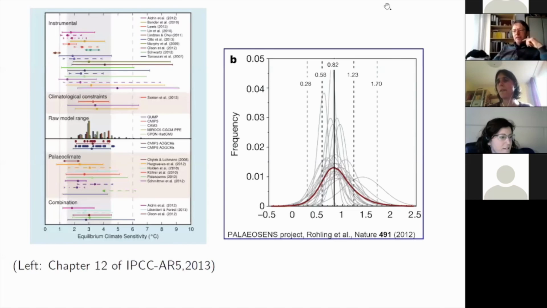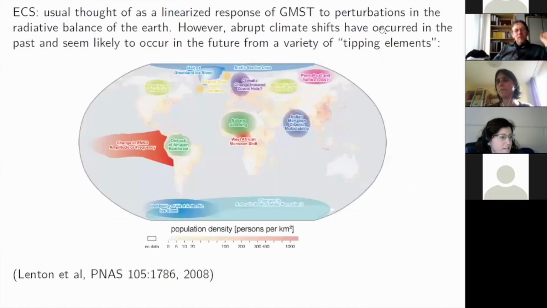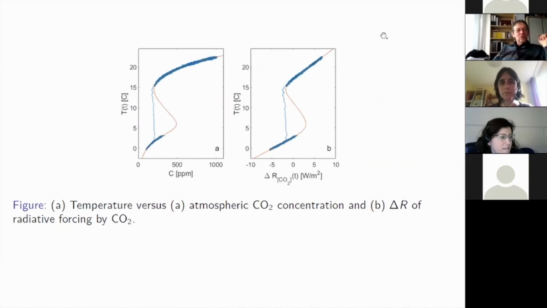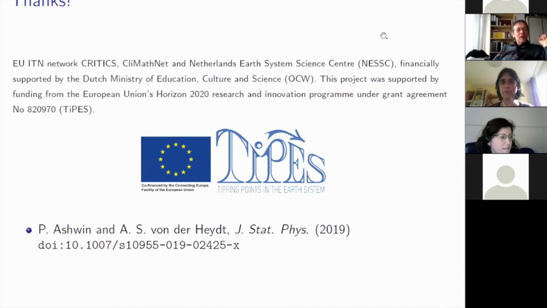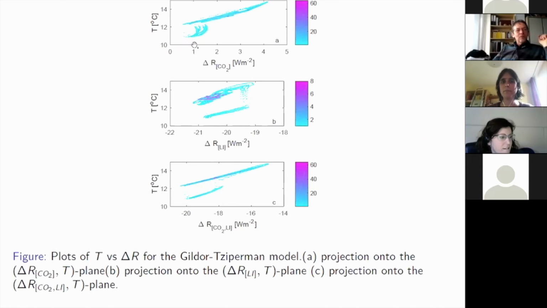Maybe I could make a comment on that in relation to the last example, the Gildor-Zipperman model. That is one where there is multi-stability between different regimes, and that's due to very large but localized changes in land ice, if I've got that right.